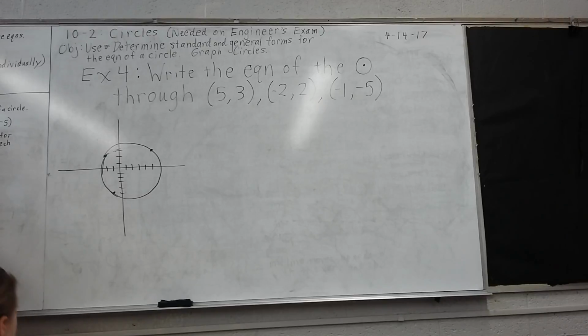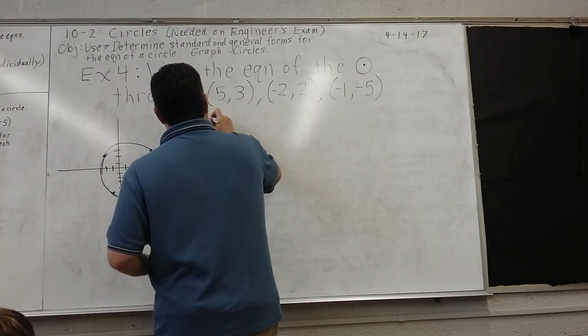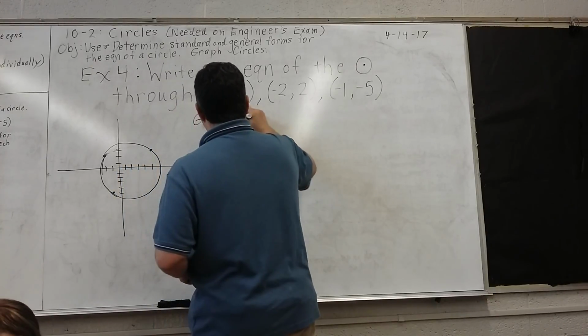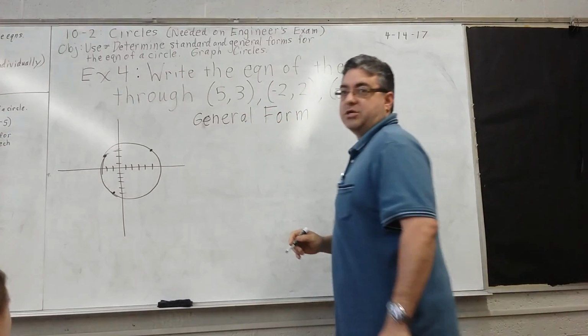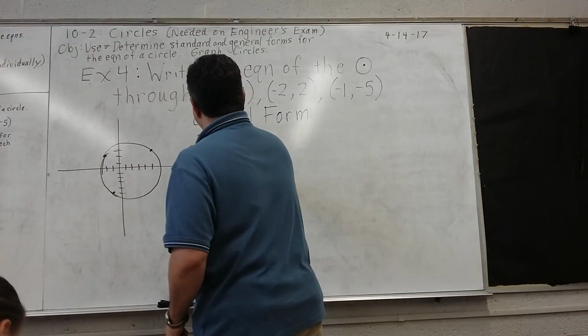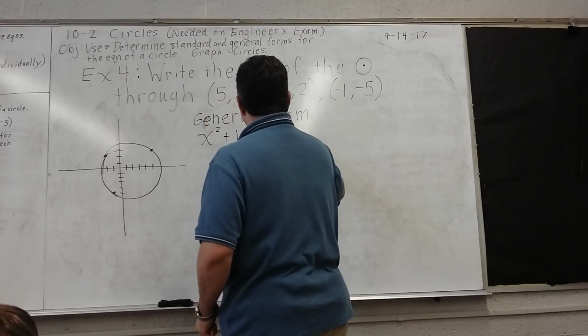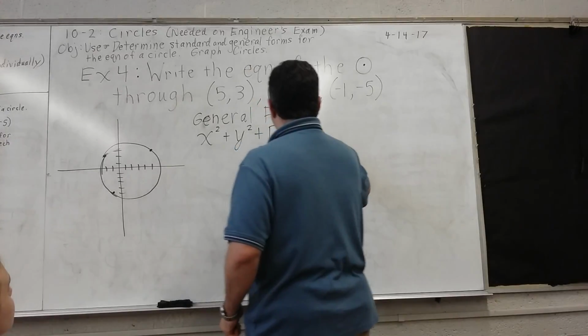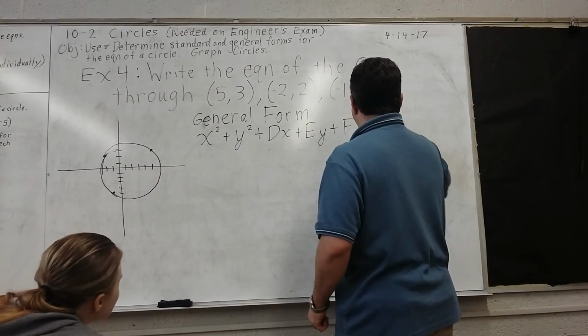And the way you deal with this is you say, okay, I have the general form for the equation of a circle as x squared plus y squared plus Dx plus Ey plus F equals 0.